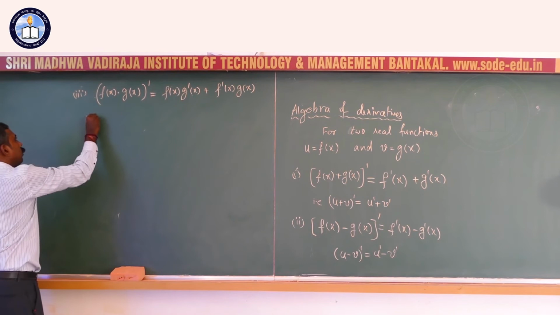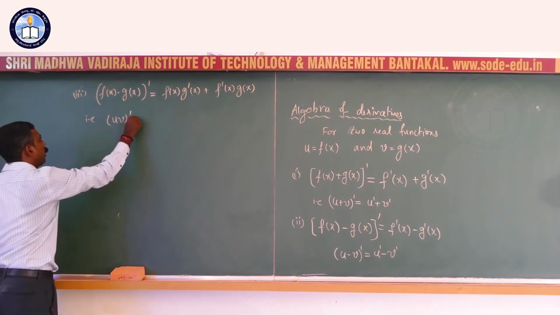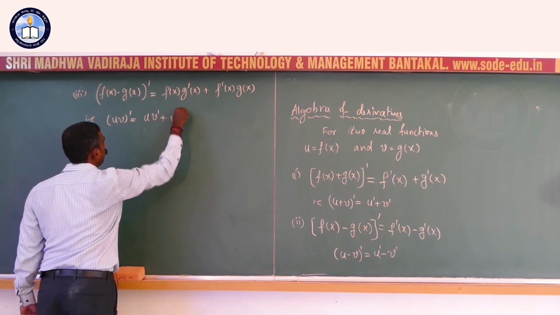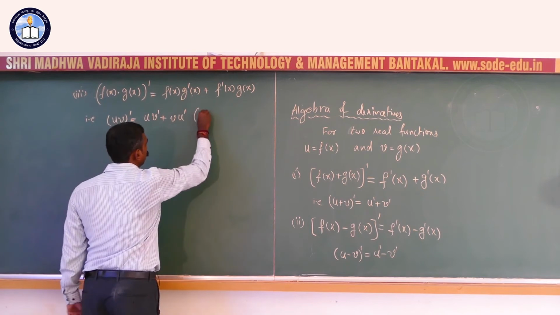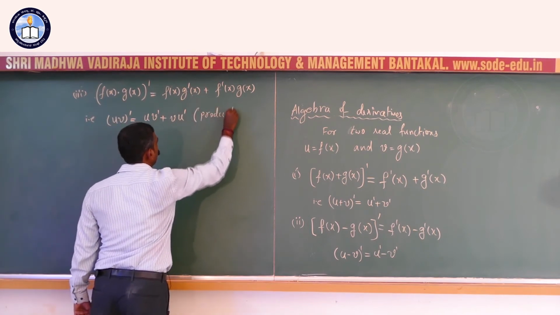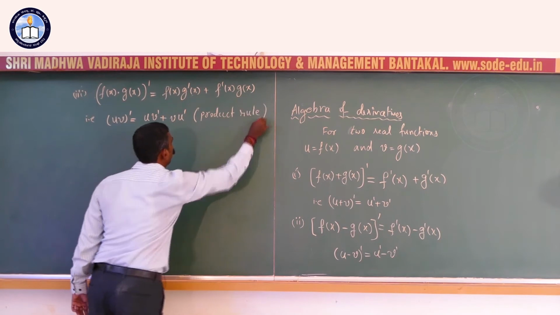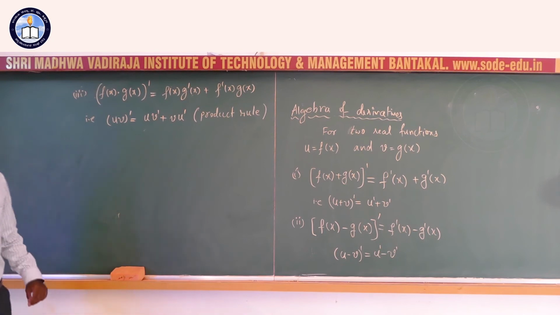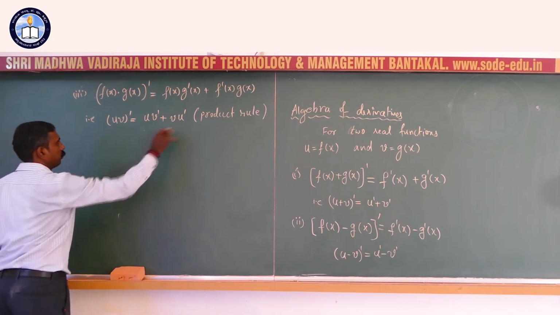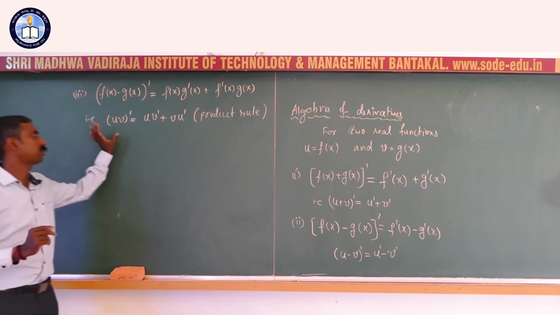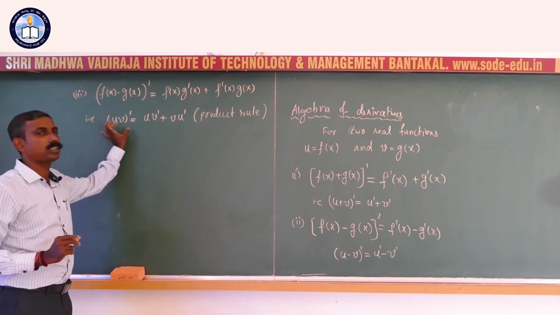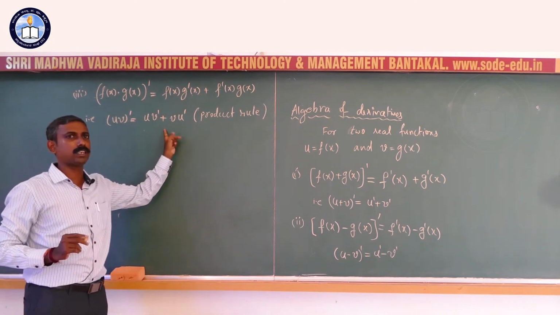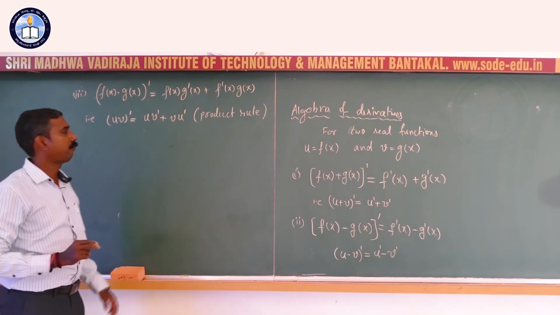That is, u into v whole dash is equal to u v dash plus v u dash. All these rules are given without proof for you to solve the problems. So we have to remember this product rule. Sometimes we remember this as first function into derivative of the second plus the second function into derivative of the first.